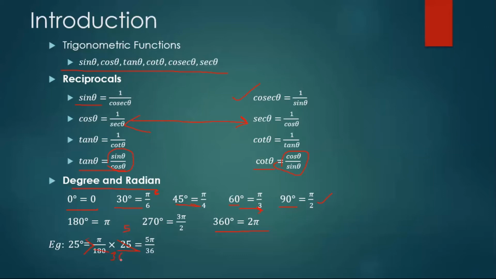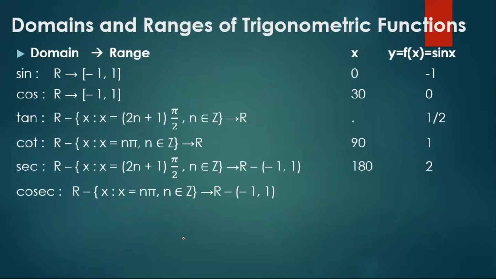So 5 into pi is 5 pi by 36. So this is our answer. That is how 25 degrees is converted to radian. You all are aware, but still I have given a simple example. I hope this is clear to everyone. Right? Moving on to the next slide.